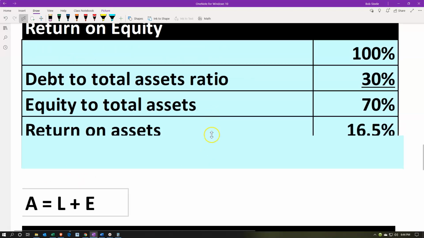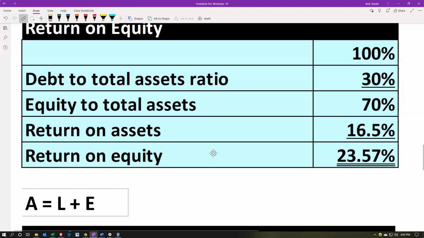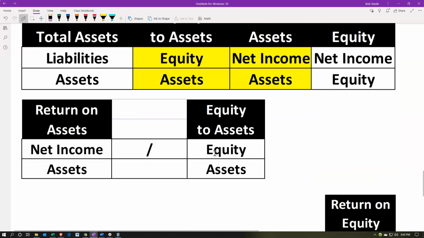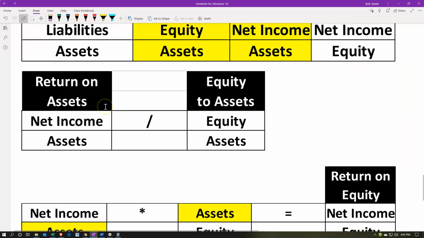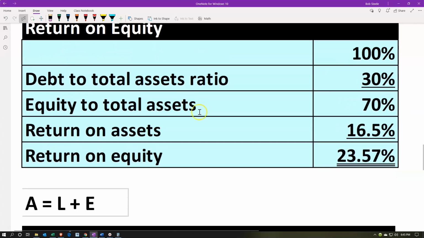Once we have the equity to total assets, we can take the return on assets, and we've got to make sure we're going the right way here. We want the return on assets divided by the equity to assets. So we have the return on assets is this number, so we're going to go kind of backwards here in the calculation, the 16.5 divided by the 70.